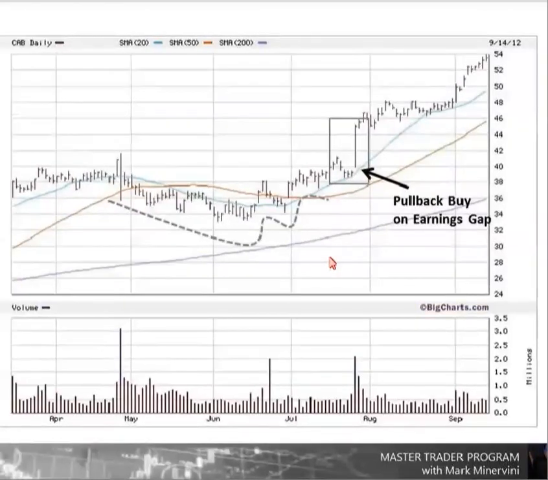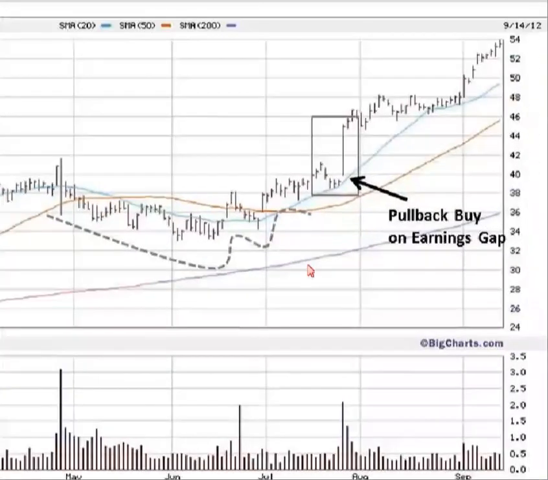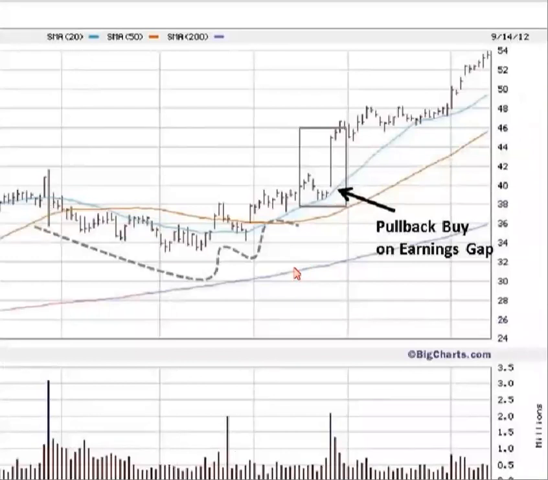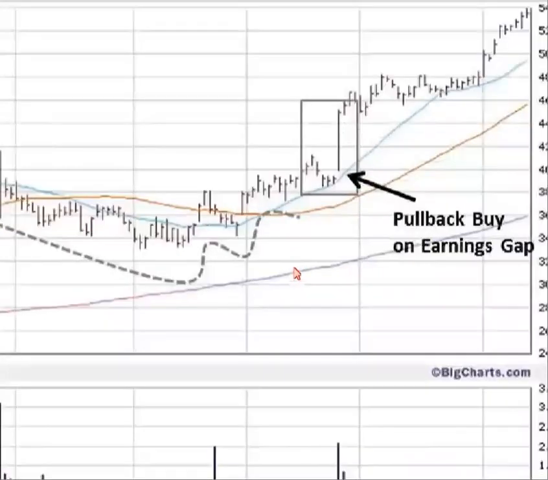Now, here's a stock that gapped on earnings, created a pullback buy, but earnings were coming out. Now, you can use it on a gap. The thing is that, I wouldn't buy a gap and a pullback buy unless it came on maybe a really great earnings report, and then the gap wasn't too big. But again, like this particular situation, it gapped up and then it just kept moving.